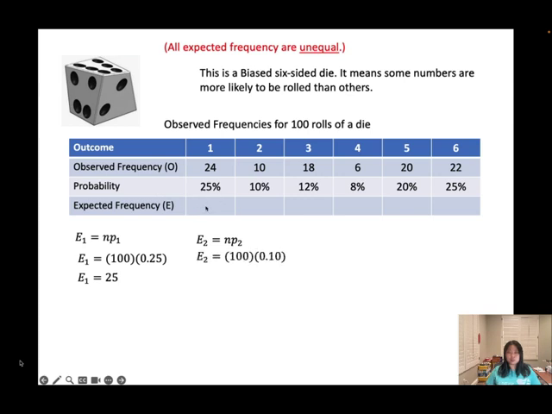Okay, we're going to do the second one. 100 times 0.10 will be equal to 10. I'll let you guys finish the rest of them.